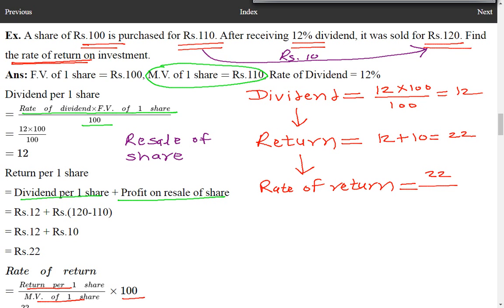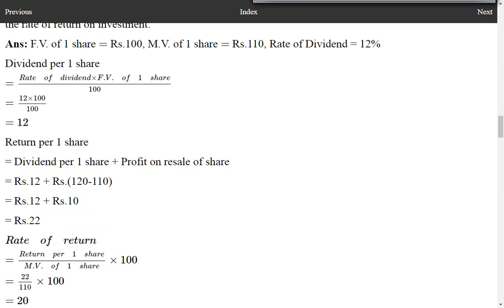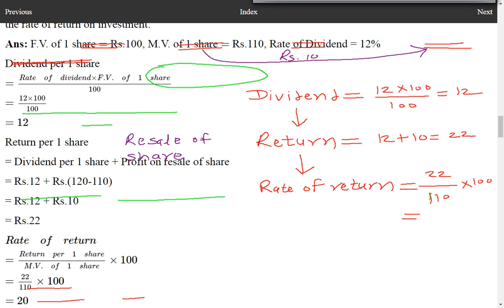So 22 upon 110 into 100, and after evaluation this equals 20. So the final answer is rate of return is equal to 20.